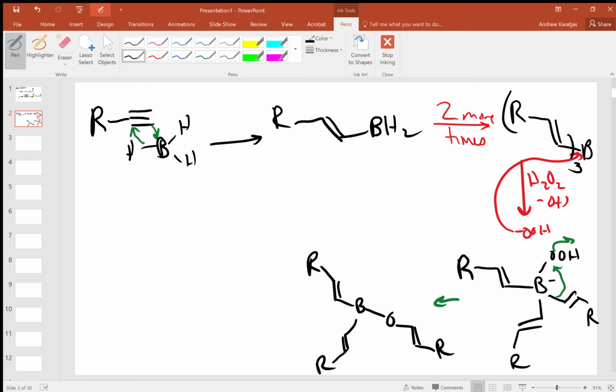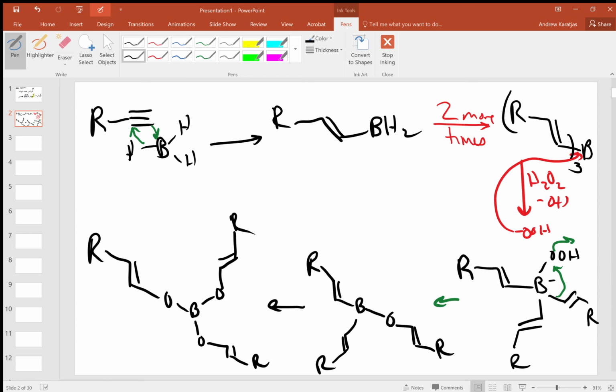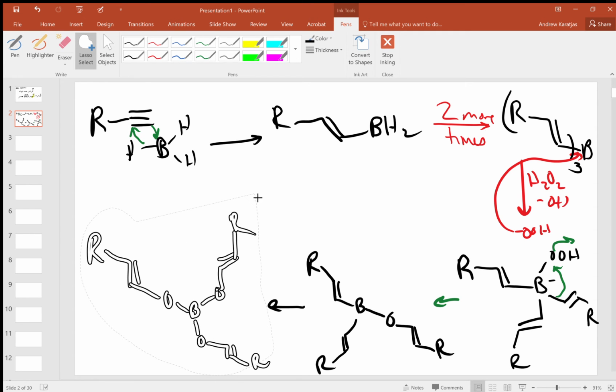And then again, this step repeats twice more, which gets us to this intermediate. Then we take this final intermediate, which we're going to take over to the next page with us.